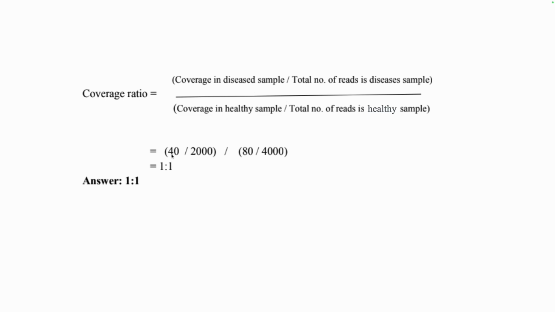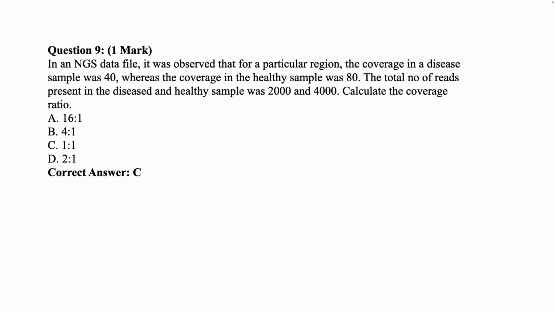The coverage for the disease sample is given as 40, while the total number of reads is 2000, and the coverage for the healthy sample is given as 80, while the reads for the healthy sample is 4000. When we divide these values, we get a 1:1 ratio. So the correct option would be C, 1:1.